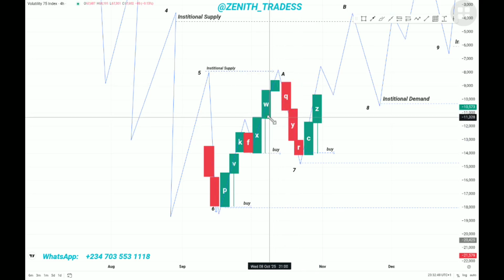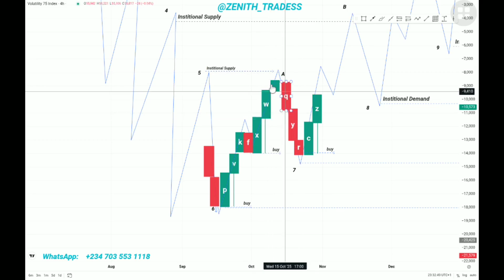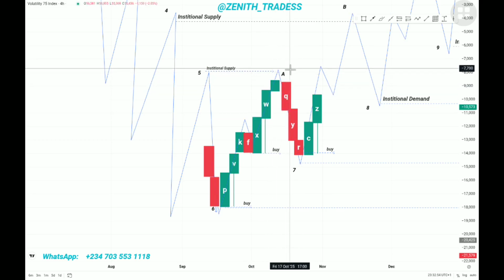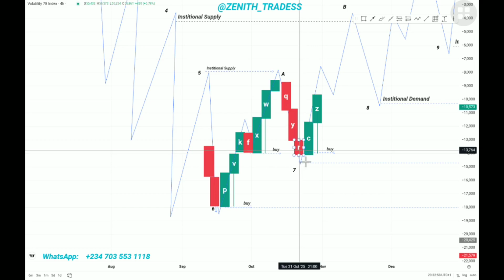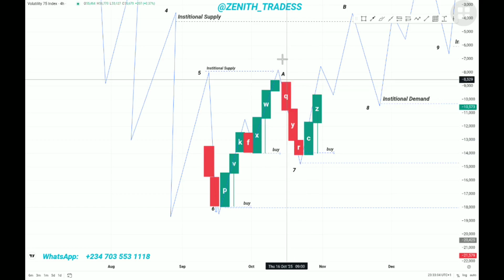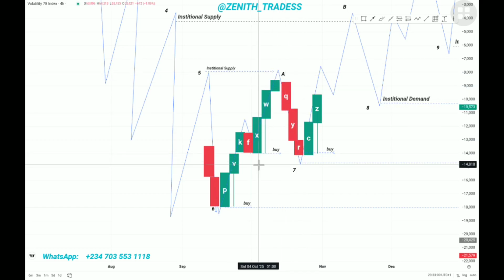That means we can no longer buy from the opening price of W. We can no longer buy from the opening price of the candle that is here, because the objective is now complete and a new objective is in place to come and sweep the liquidity of the low. I've explained this before. So candles Q, Y, R are what help price facilitate the objective to come and sweep the low.